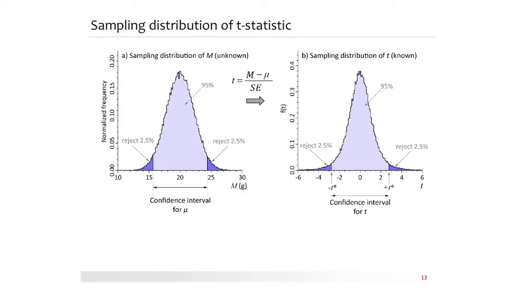It's known, and you can probably guess the name of this distribution, because it's a distribution of statistic T. How is it called? Not t-test, but t-distribution, yes? Student's t-distribution. It's known, so these calculations, finding 95%, rejecting 2.5 on each side, are now possible.